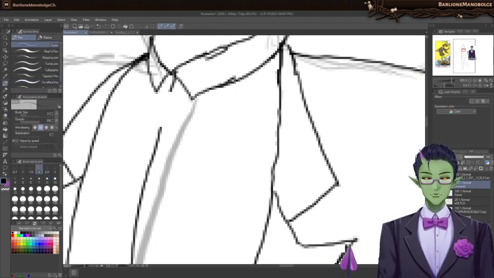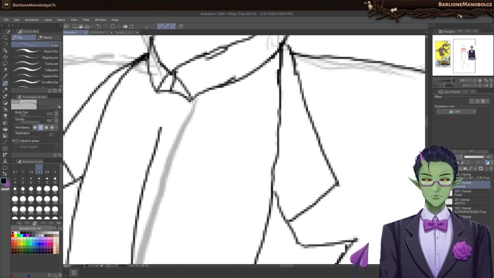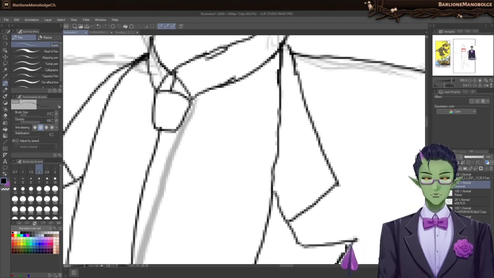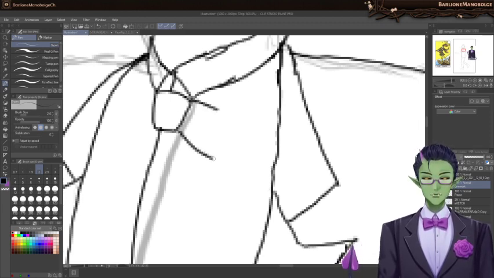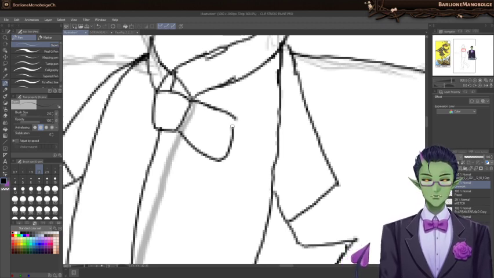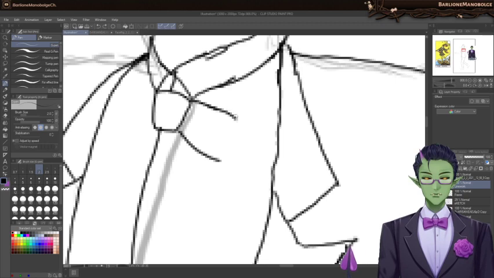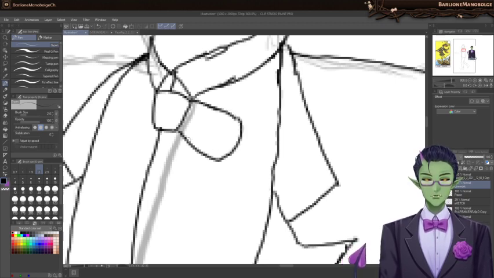So, do this a bit more focused. Side of the bow tie back.